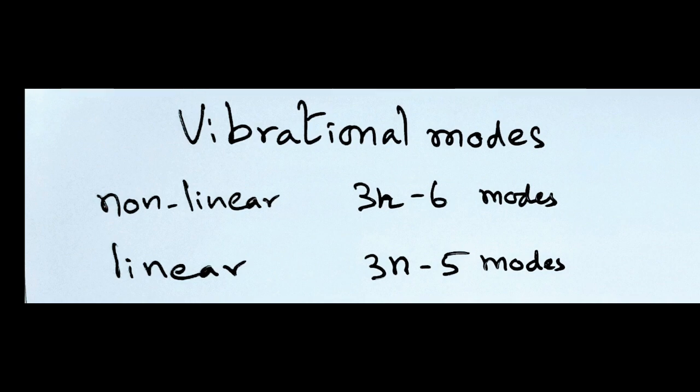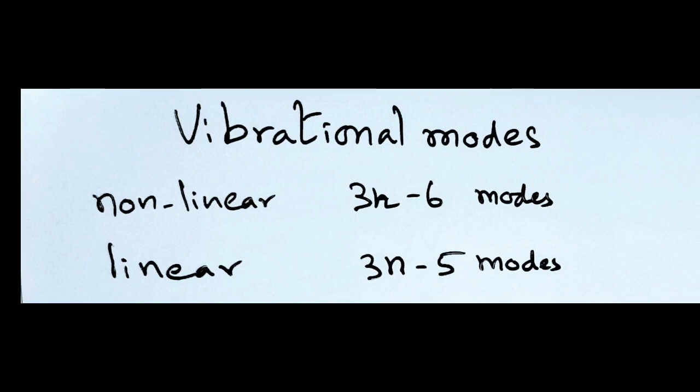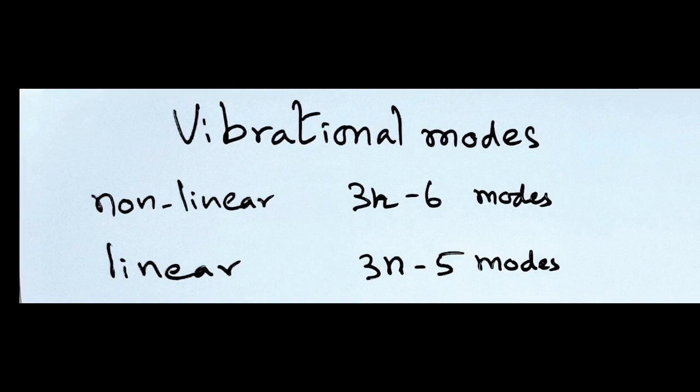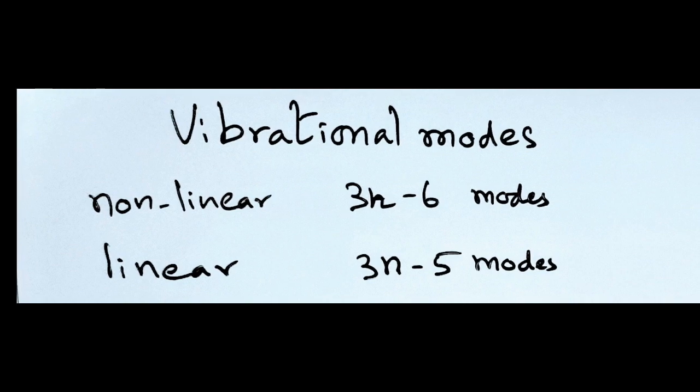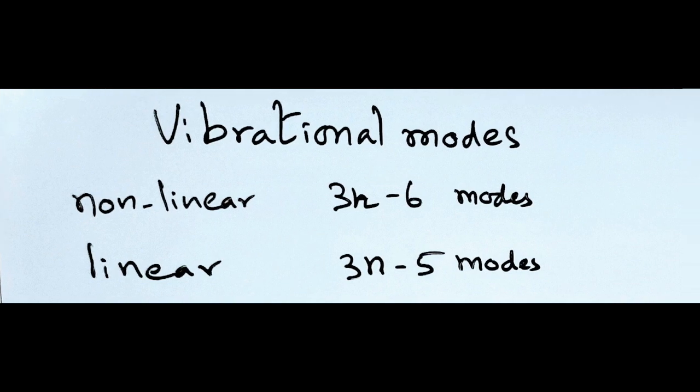If the molecule is linear and it has n atoms, then the number of possible vibrational modes is 3n minus 5. All the vibrational modes do not absorb electromagnetic radiation. Only those vibrational modes which produce a change in dipole moment absorb electromagnetic radiation in IR spectroscopy. And if there is no change in dipole moment, such a vibrational mode is inactive in IR spectroscopy.